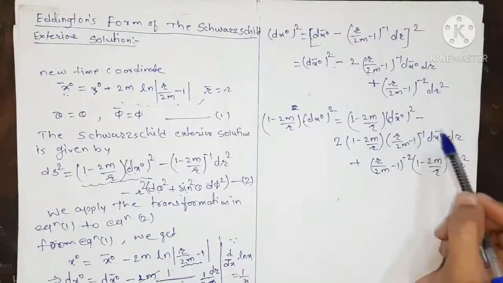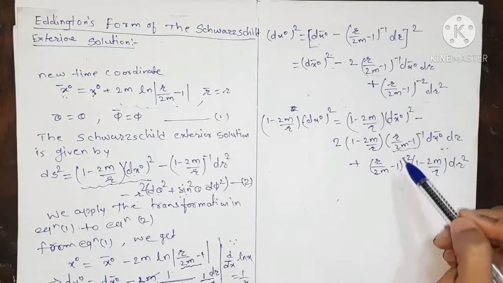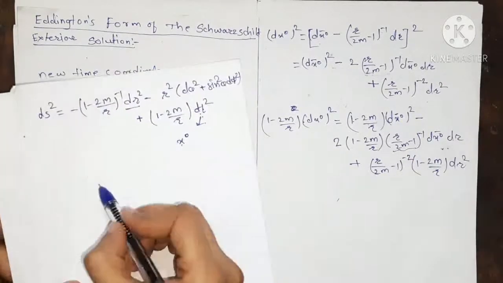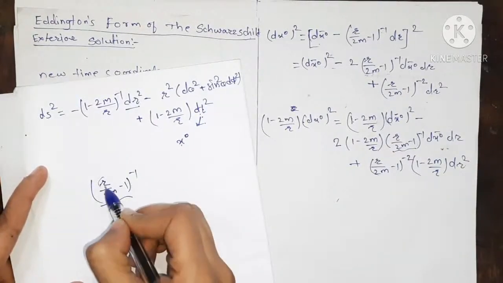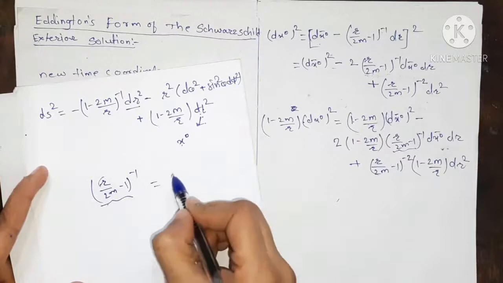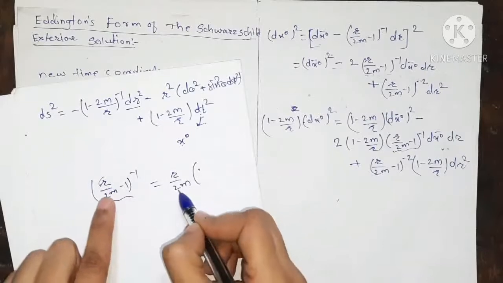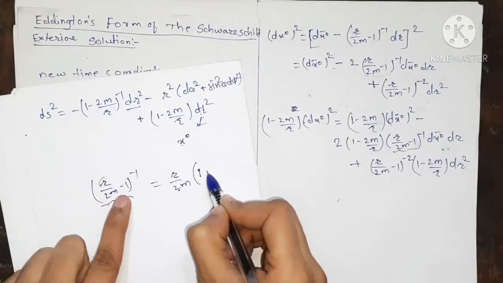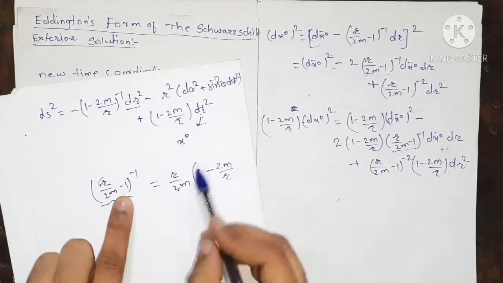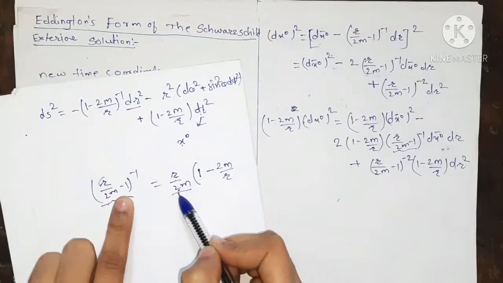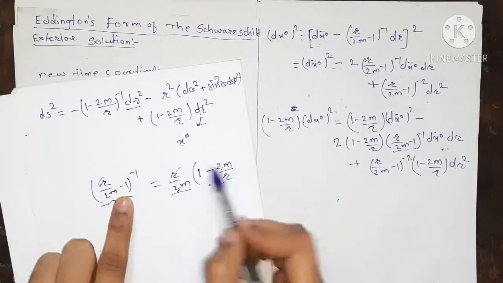Now we can take the common r upon 2m from this bracket, so that we get, see here, if we take r upon 2m minus 1 its inverse, if we take the common r upon 2m from this, so what we get is r upon 2m, and in bracket we have 1 minus 2m upon r, so that if we multiply r upon 2m inside the bracket, then this r gets cancelled with this, 2m gets cancelled with this 2m, and we get here 1.